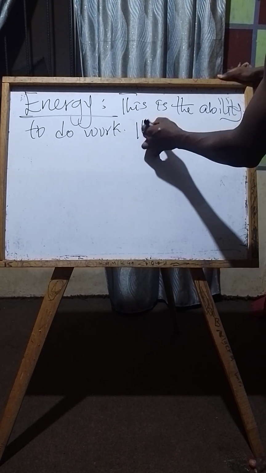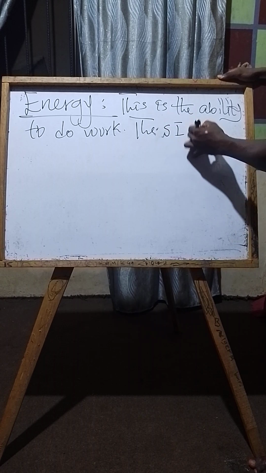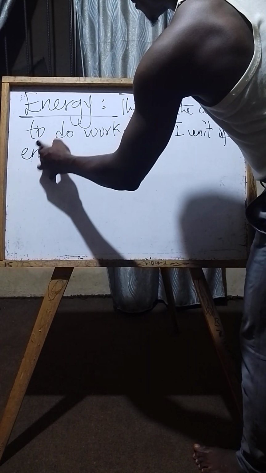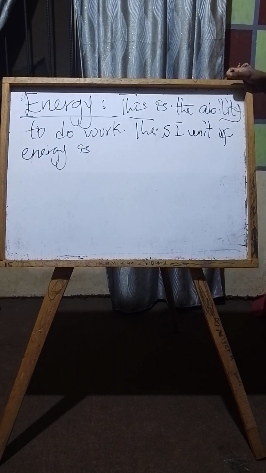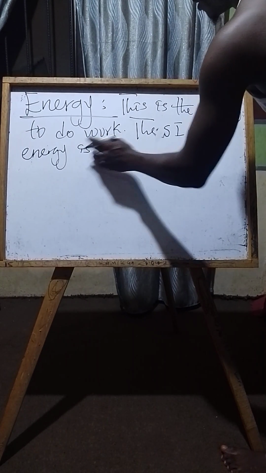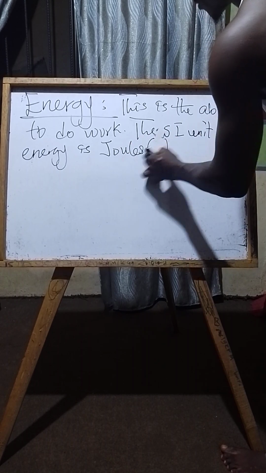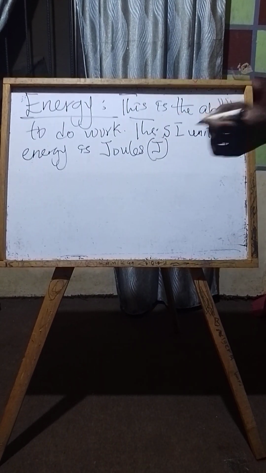So we say that the SI unit of energy is joules, capital J. Anything you see me write on the board, make sure you put it down in your notes, even though it's rubbish.